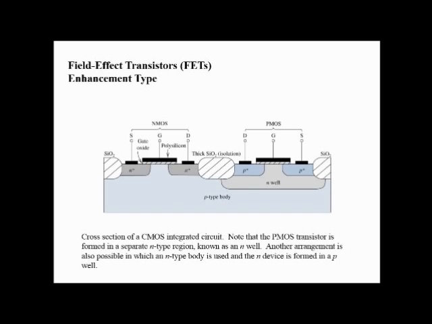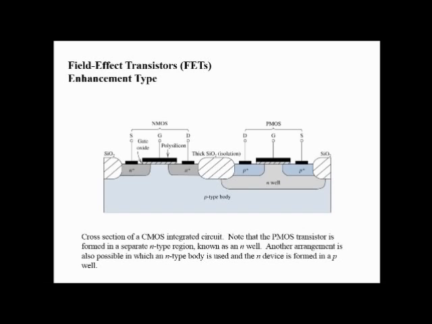Now this is another use of FETs, as CMOS. This is a cross-sectional structure of a CMOS integrated circuit. It is a combination of a PMOS transistor and an NMOS transistor, so it is called complementary MOS.